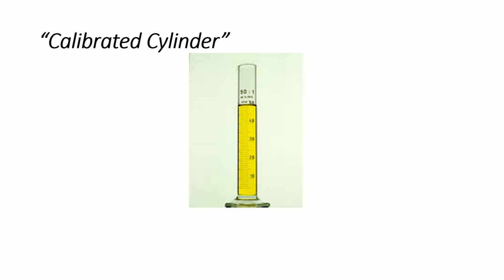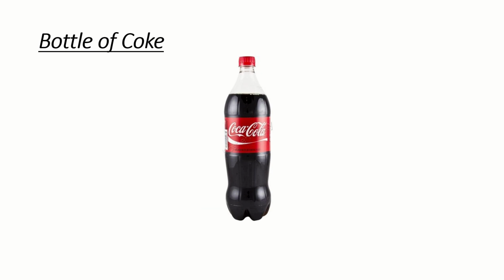Then a calibrated cylinder has a capacity of 300 mL, but it depends on the calibrated cylinder. The one that I am showing right now has a capacity of 300 mL. And then a bottle of Coke is 1 liter, but I guess you're familiar that most bottles of Coke now from 7-Eleven or from a department store, the plastic one, are 1.5 liters. But the bottle which is breakable, that's 1 liter.